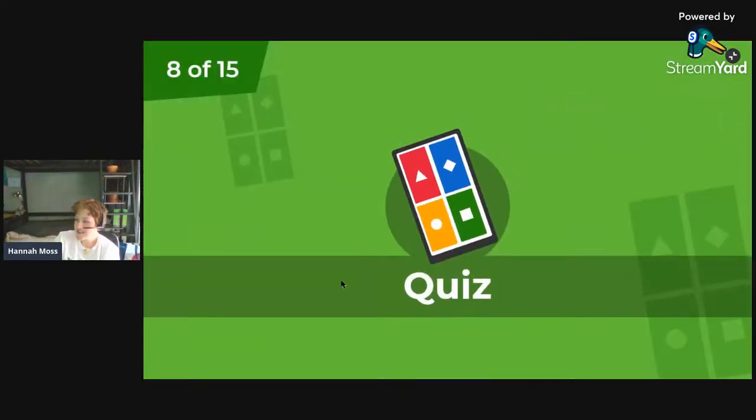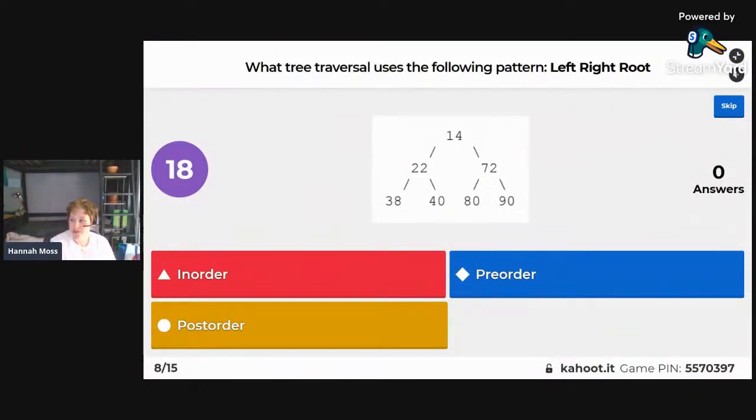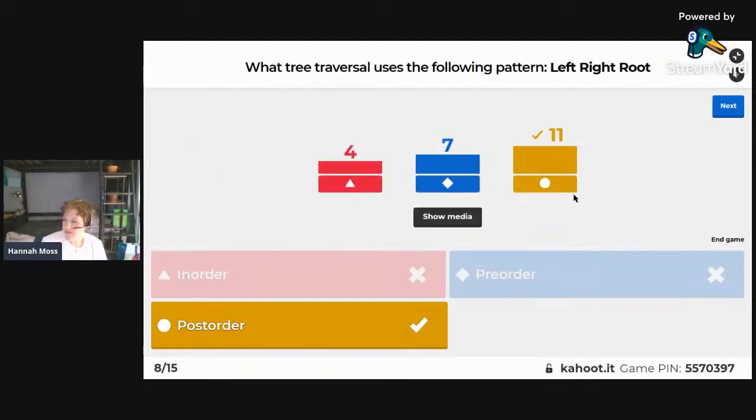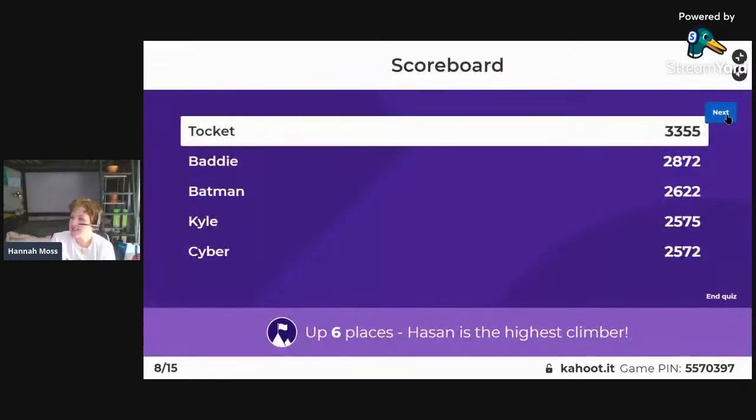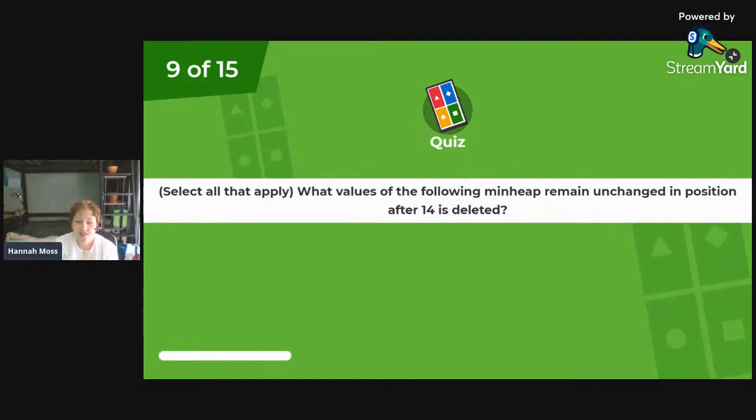Okay, next one. What tree traversal uses the following pattern: left, right, and then root? Yeah, so the correct answer for a left-right-root tree traversal is post order. Sante is the highest climber, up 6 places. Good job. Okay, this is a multiple select, so select any that apply.